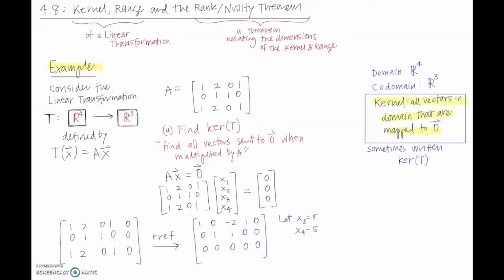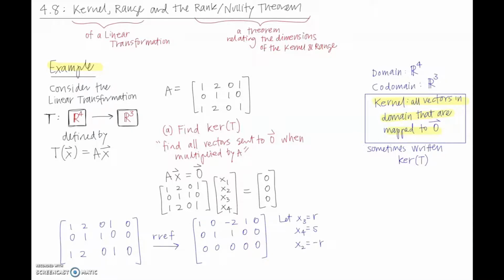And we'll have to let x3 equal r and x4 equal s. And then we could say, just based on this row right here, that x2 equals the negative of x3. So x2 equals negative r.